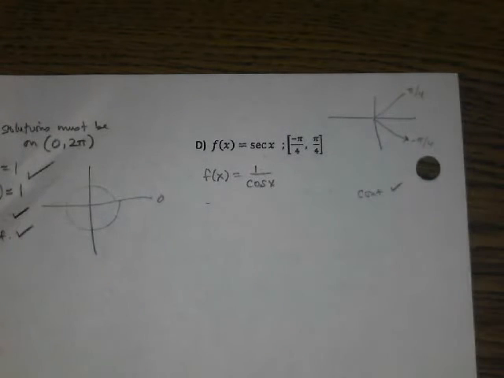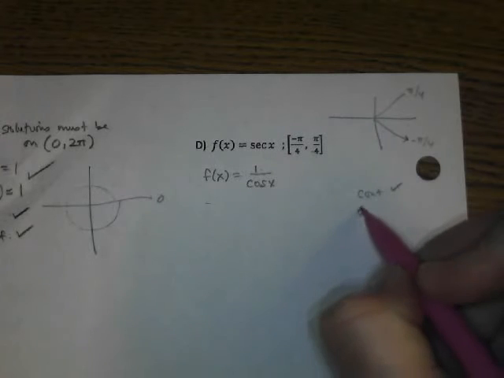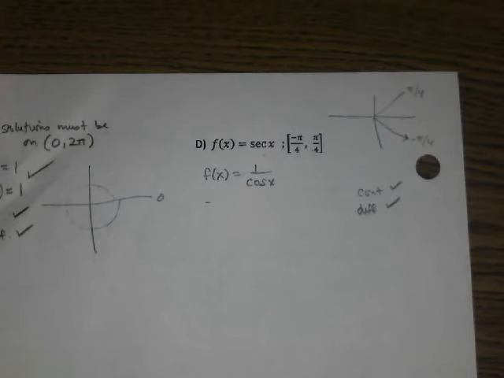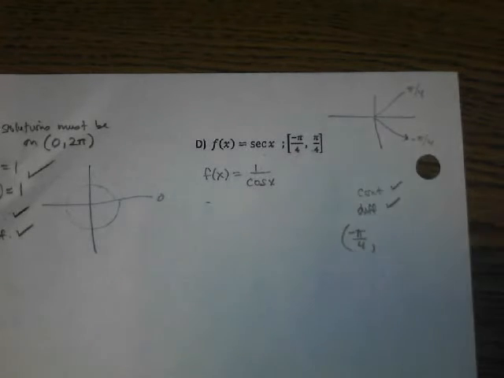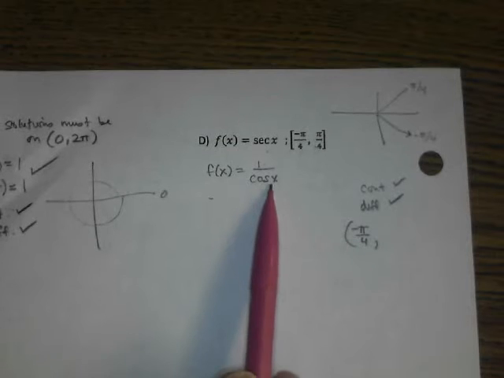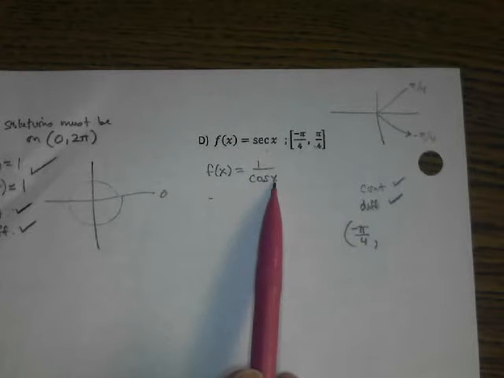And then we got to plug in our points. We got negative pi over 4. If we plug in negative pi over 4, what's the cosine of negative pi over 4? Positive, because it's a fourth quadrant angle.